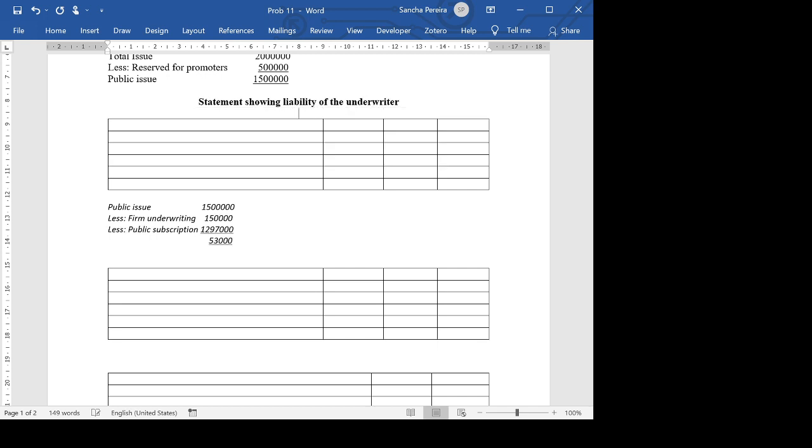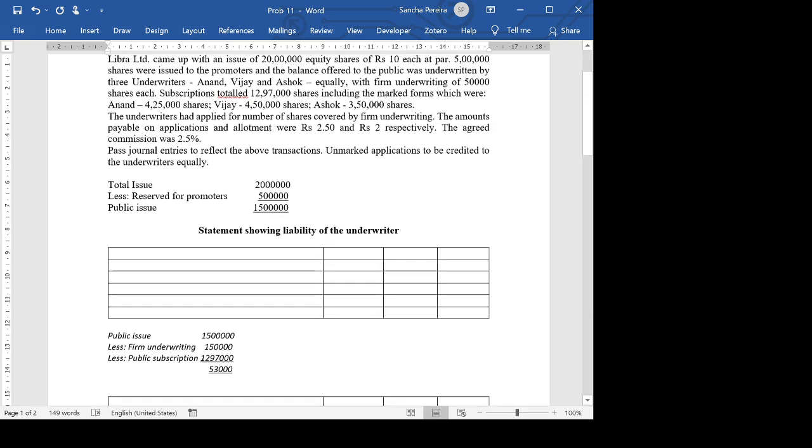Another thing that needs to be decided is, since they have not told us how to treat firm underwriting, whether credit or benefit is given or not given. Since I've done many problems under benefit not given, I will do this under benefit given. Not because it's specified anywhere, I'm just choosing it because most of the problems that I've done are benefit not given.